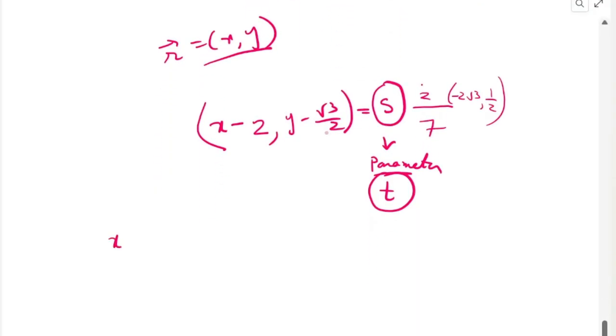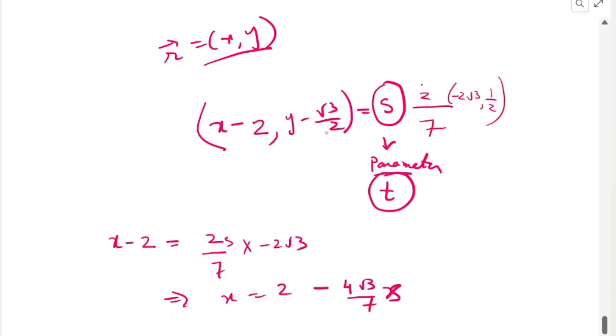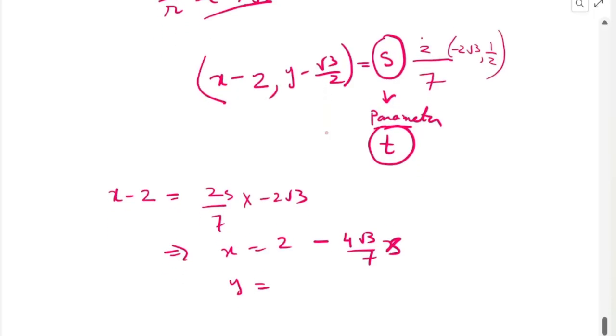So x minus 2, component wise I am saying, 2 root 7s into minus 2 root 3. So this x equals 2 plus, this minus is there, so 2 minus 4 root 3 by 7 is this. And y is equal to, so this component equal to this component.